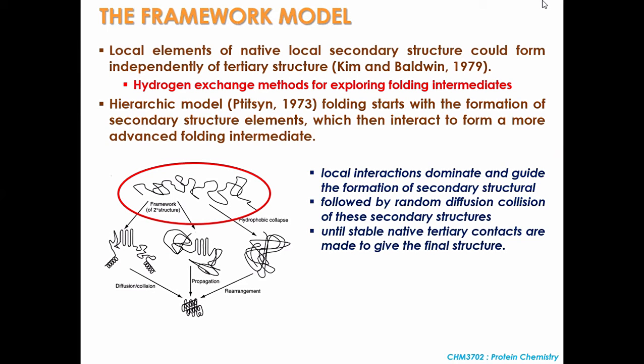Based on Kim and Baldwin, once the protein is released from the ribosome, this is the ribosome, this is the protein, the protein will try to fold by itself to form the secondary structures, like alpha and beta. It's like a baby starting to walk, but not perfect yet, it still cannot walk perfectly.